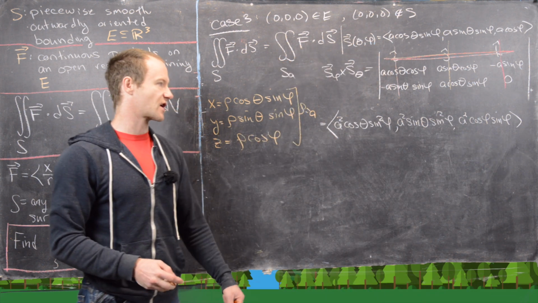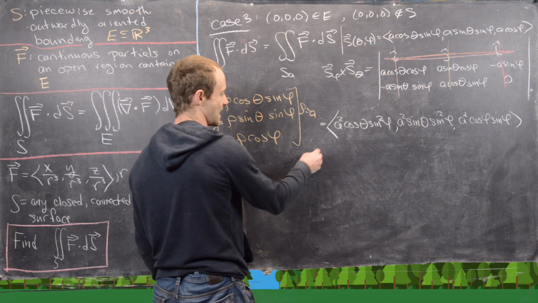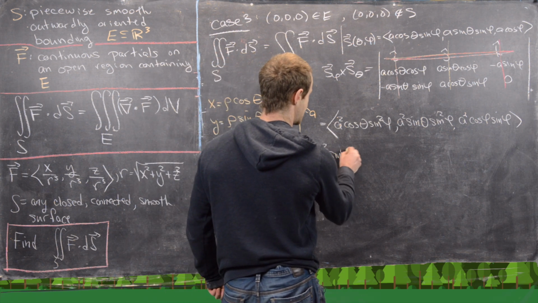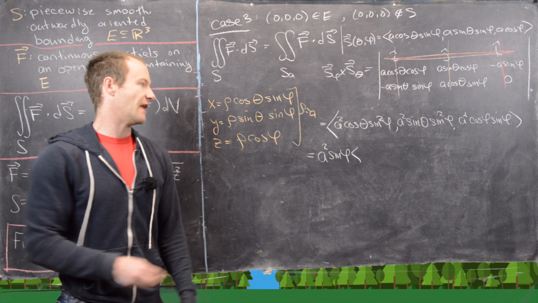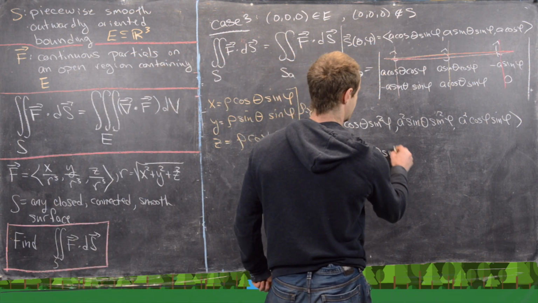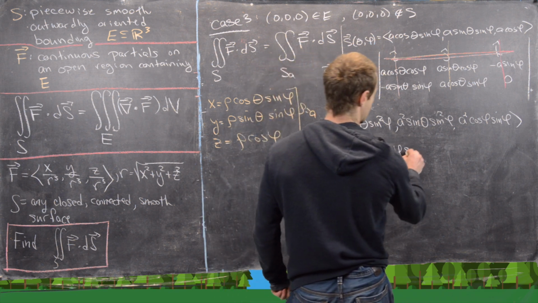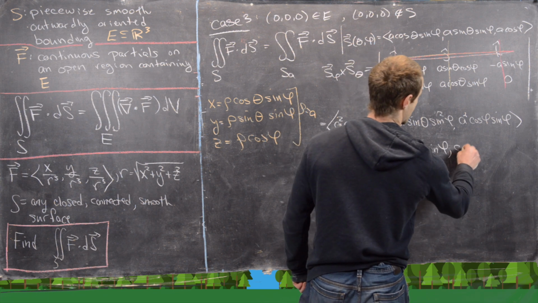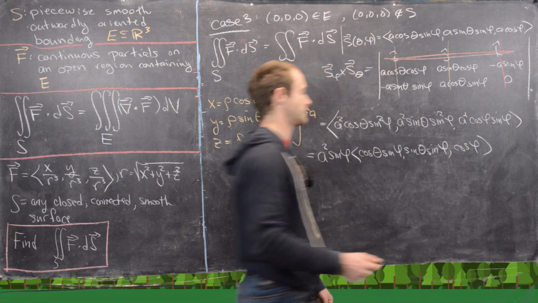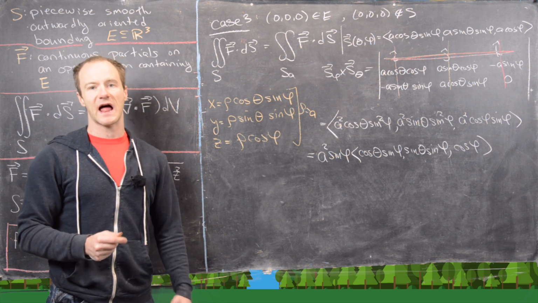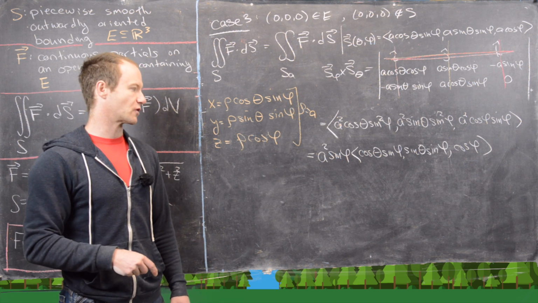Okay, now let's factor out a common term from each of these just to simplify a bit. So we can take an a squared sine phi out of the whole thing. And then in the first component, we're going to be left with cosine theta sine phi. In the second component, sine theta sine phi. And then in the third component, we've got a cosine phi. Now that may not be computationally very helpful, but it does point out that this is an outward pointing normal vector.